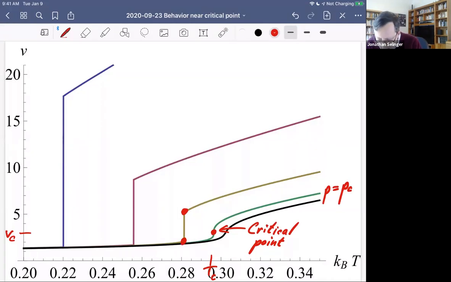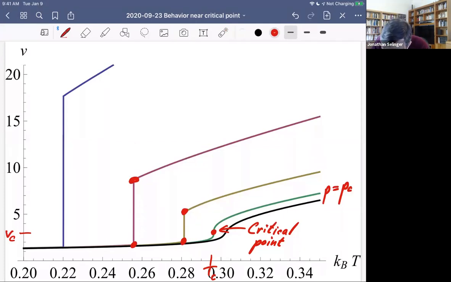At the temperature, it looks like 0.28, here are the coexisting volumes, the volumes on the two sides of the phase boundary. What about at this temperature? It looks like 0.245. At that temperature, this is the volume of the gas, and this is the volume of the liquid.